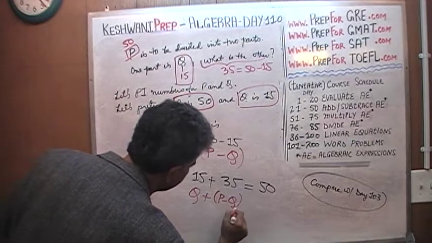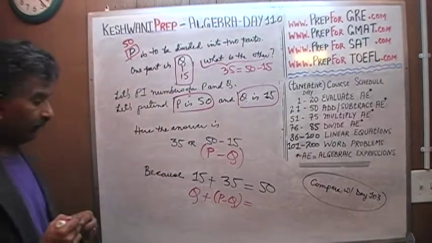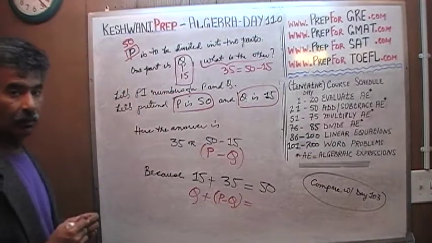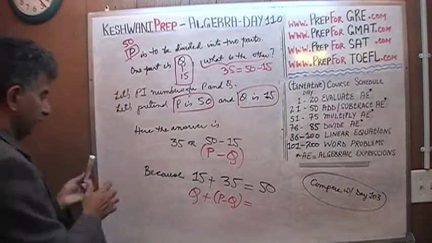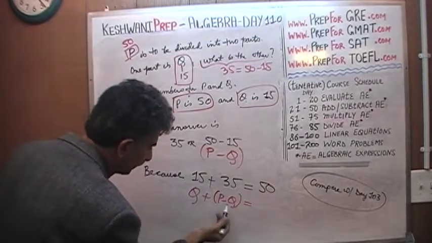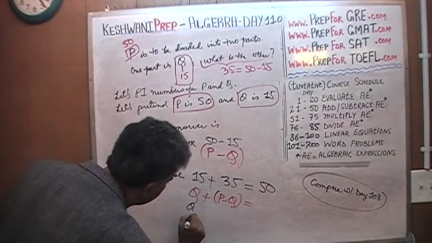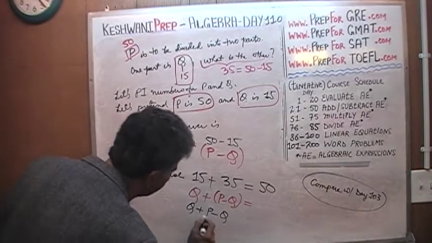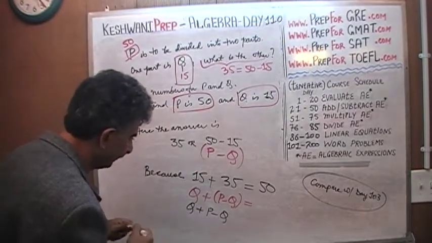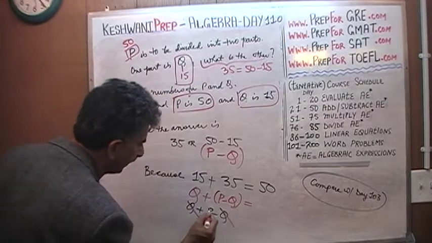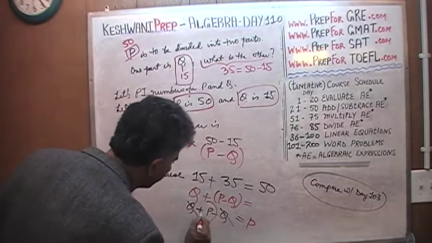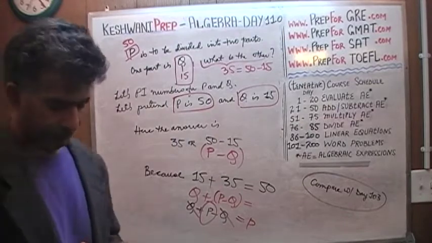P minus Q. Does it give us the quantity that we started out with, which is P? Well, let's find out. When we open the parentheses, Q plus P minus Q, the Q's drop out and we end up with the P that we need right here. That's all.